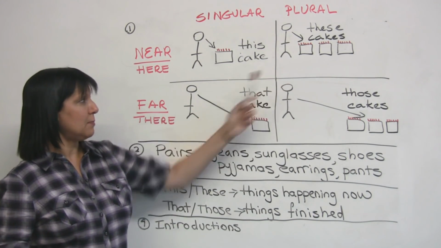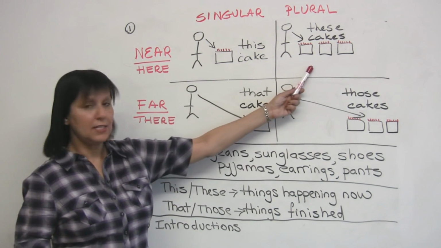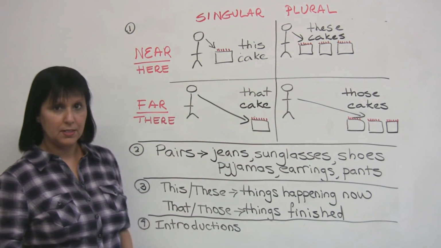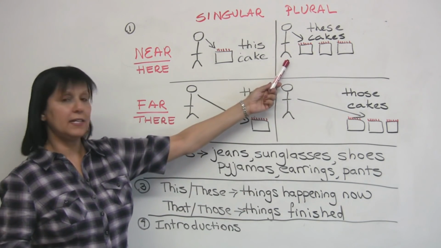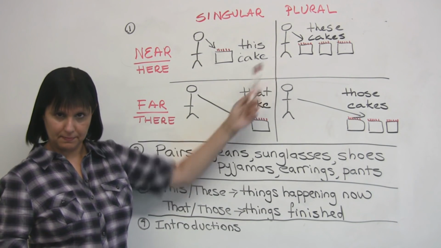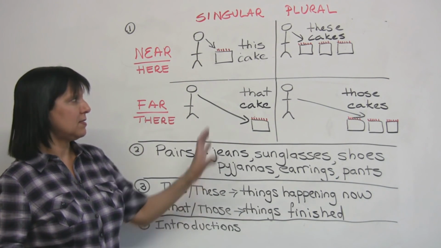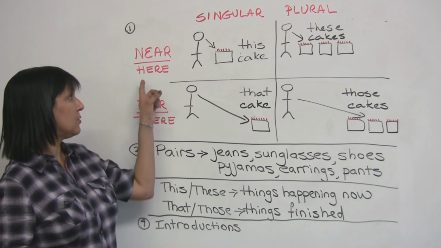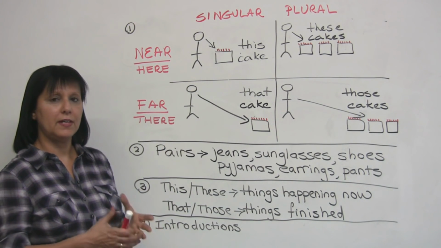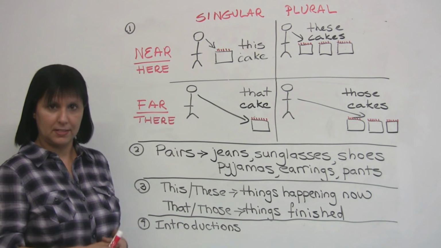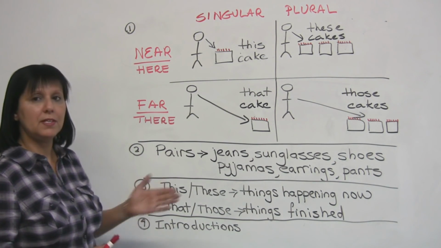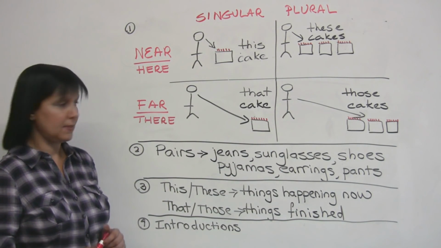In the second example, the items are still near him, but there are several of them. So he says, I like these cakes. Correct? Because there's more than one, we're saying these, and we're saying these also because the items are here or near him.